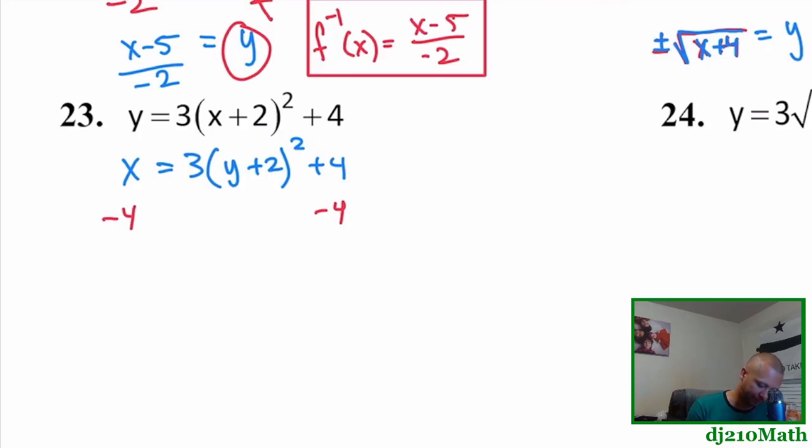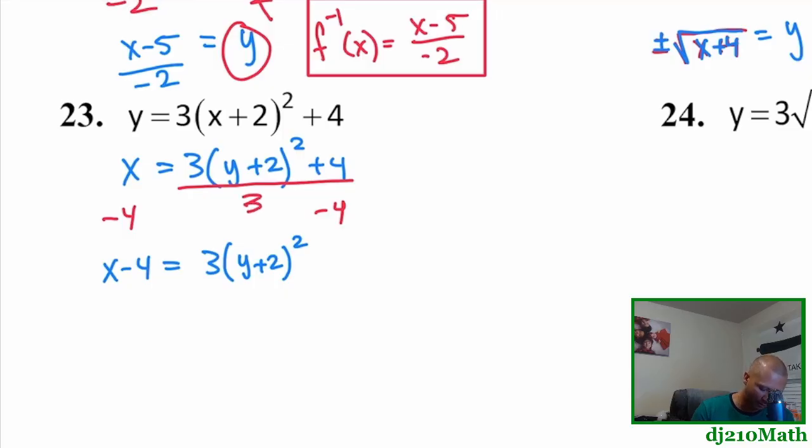So this is going to be x minus 4 equals 3 times the quantity y plus 2 squared. Because if I try to divide by 3, I just can't divide the first part by 3. I would have to divide everything by 3. So that's why I didn't do it first.